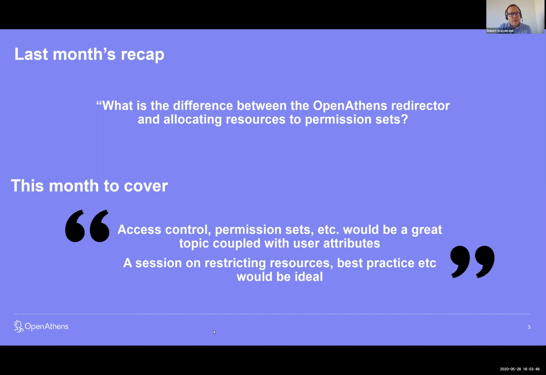Sure. Thanks, Sophie. Hi, everybody. The OpenAthens redirector is a tool that's designed to do two things. The first is to provide a consistent way of linking to content from library portals, discovery tools and library websites. It gives you a consistent prefix that you can put in front of any target URL, so you're not having to craft different types of link for different resource providers.